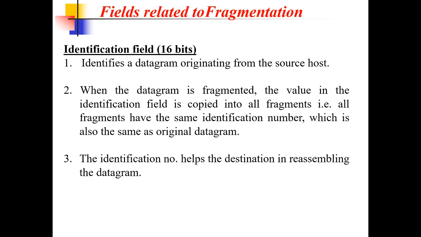When the datagram is fragmented, the value in the identification field is copied into all fragments. That is, all fragments have the same identification number, which is also the same as original datagram. The identification number helps the destination in reassembling the datagram.